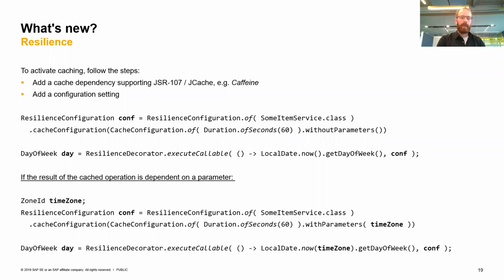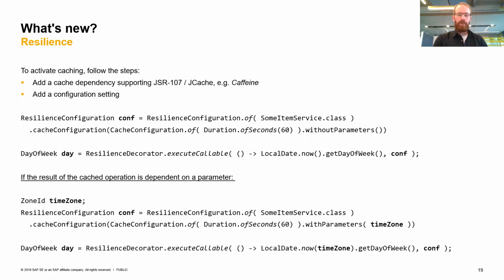A point to be aware of is if you have some parameters in your call. For example, what we see here below, we have a local date now with a specifically mentioned time zone. So that's a parameter to the method call that you want to have cached. Then you also need to add this to the cache configuration, as this is also part of the key for which the cache works, or to which the returned value is cached.